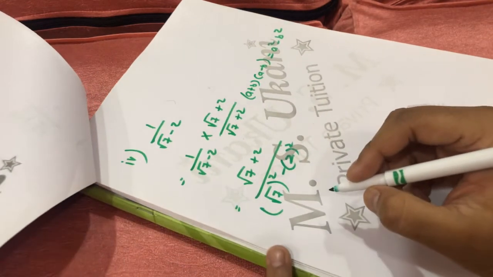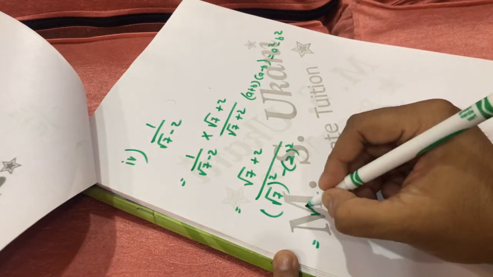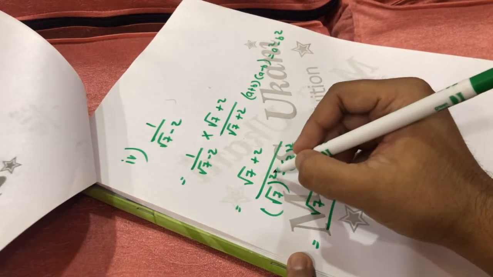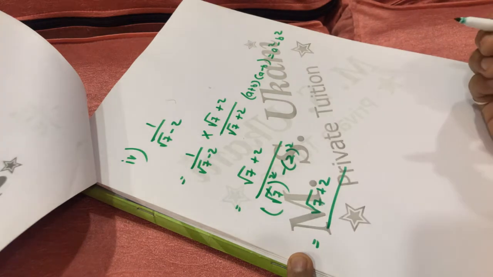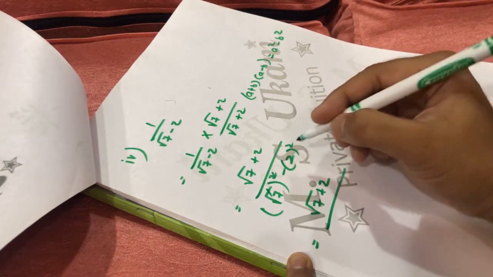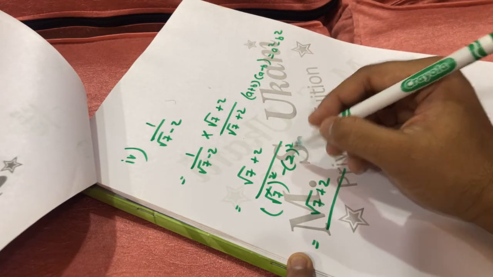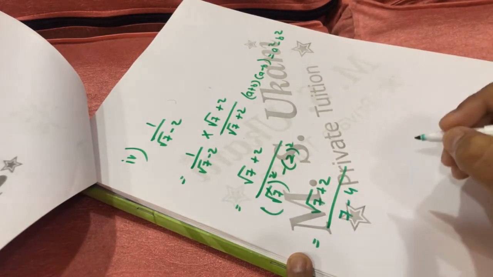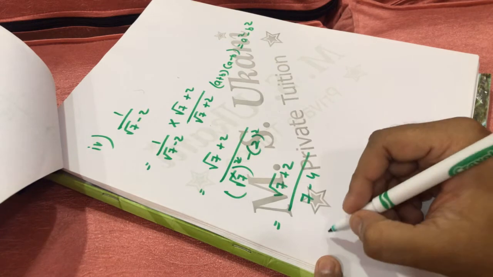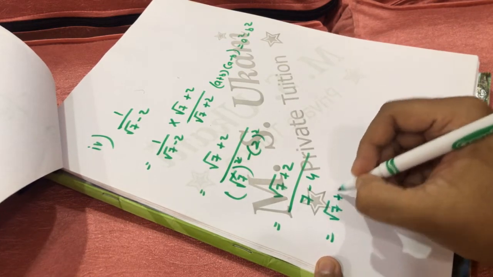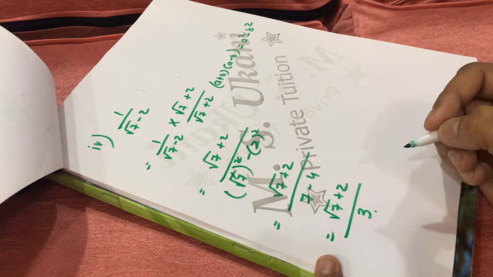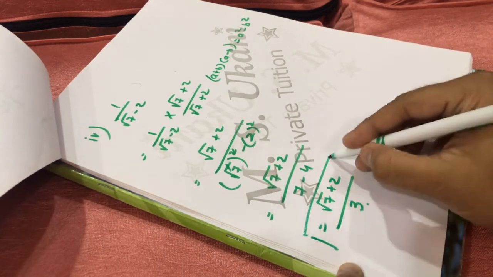Again the numerator will be same, upon, square and root will be cancelled. Here also 2 square will be 4. So 7 minus 4. So root 7 plus 2 upon 7 minus 4, that means 3. So this is our final answer.